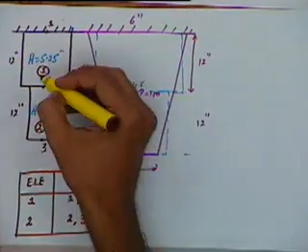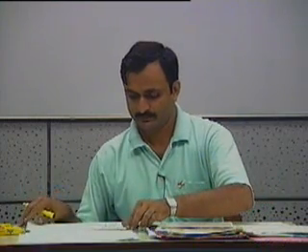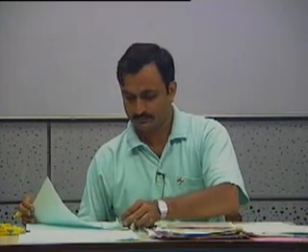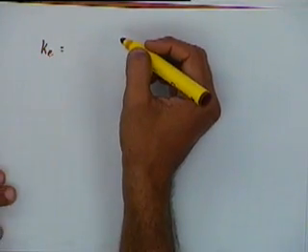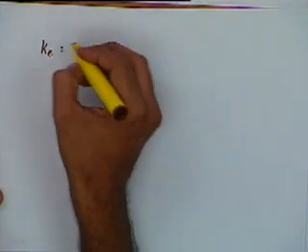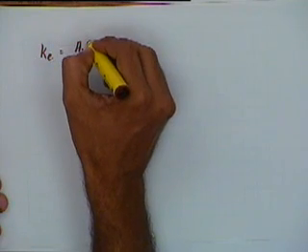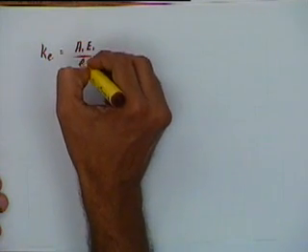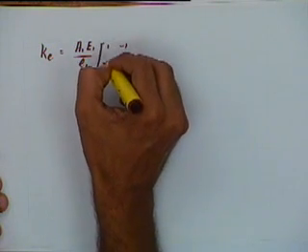Now, if I take the first element and want to write down the Ke term, what is the expression for Ke? It is A1 E1 by the length of the element, multiplied by the matrix 1 minus 1 minus 1 1.